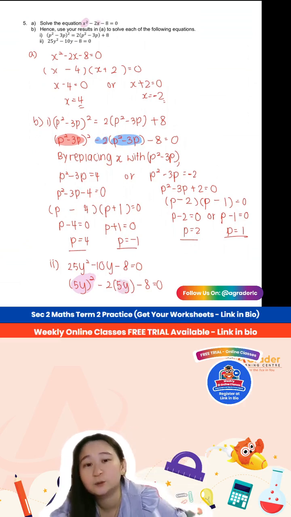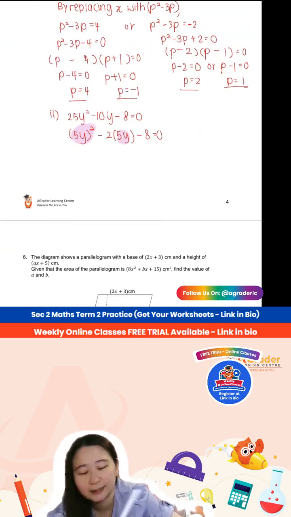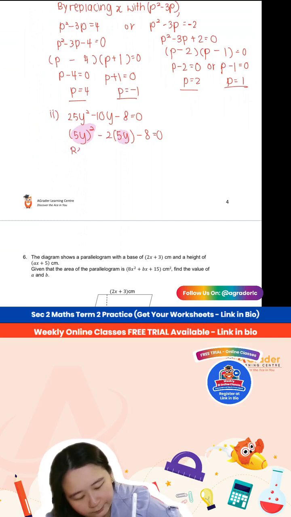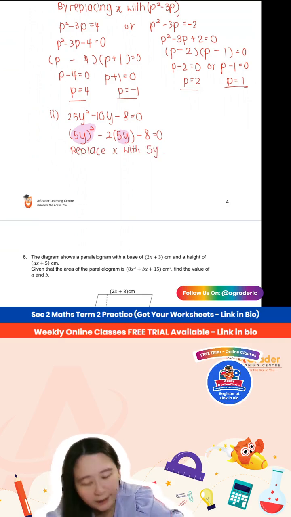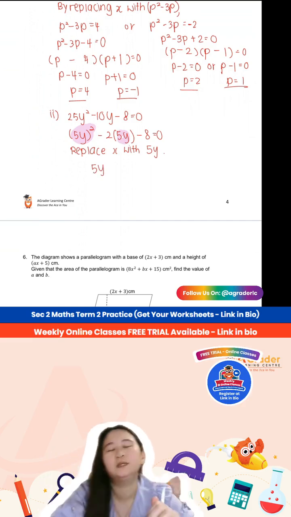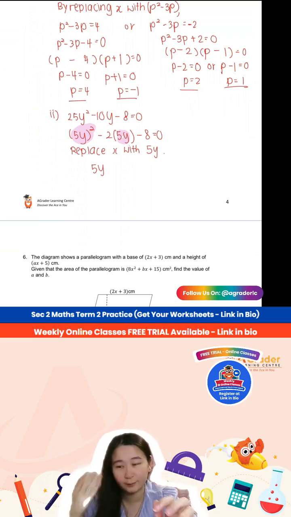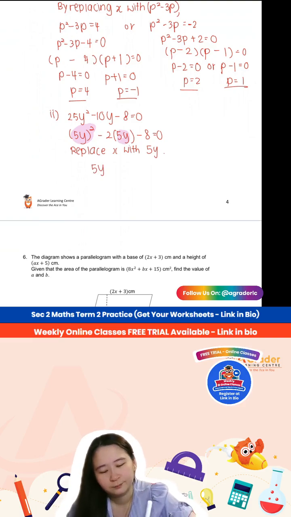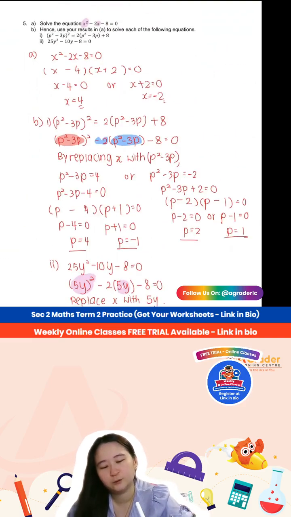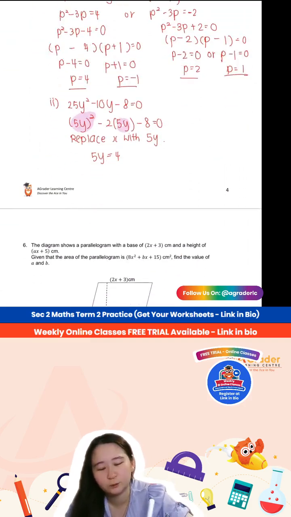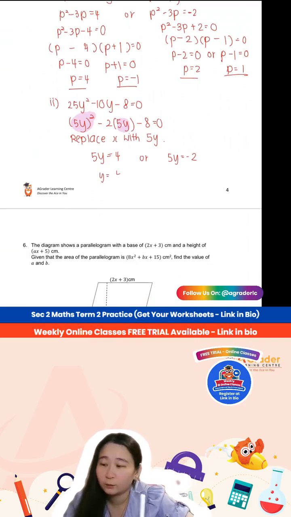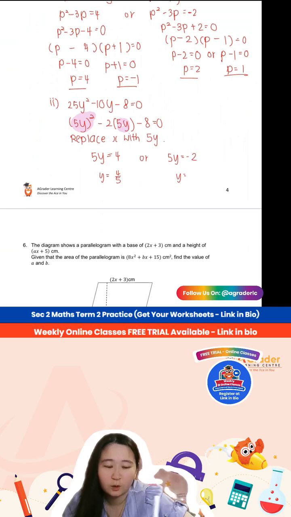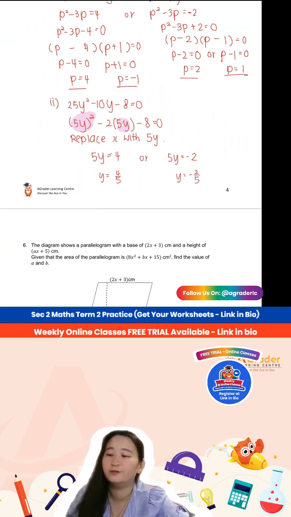Yes, my x is also 5y, so meaning I want to replace x with 5y. Okay, so therefore, my solution is x equals 4, so therefore 5y must equal 4. Then my solution for x is negative 2, so 5y is also negative 2. So therefore y equals 4 over 5, or y equals negative 2 over 5.